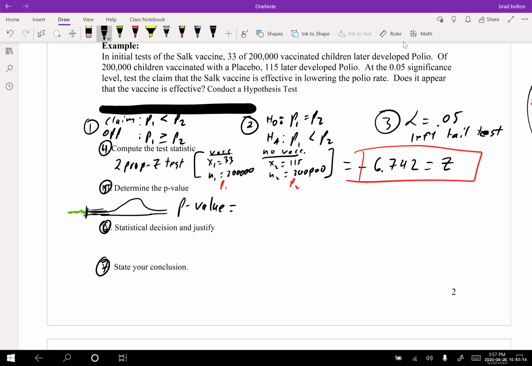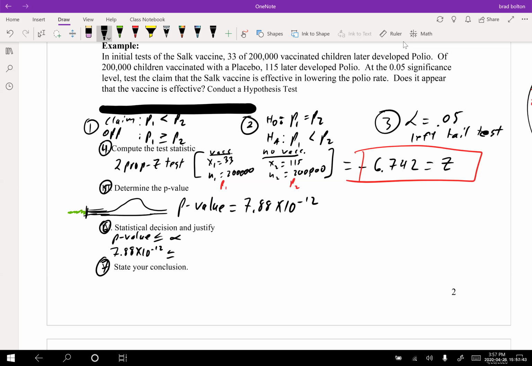So our p-value, when I've used my calculator, is 7.88 times 10 to the negative 12. And again, I already know that I'm going to reject the null because this is such a small p-value. So we could write p-value less than or equal to alpha. 7.88 times 10 to the negative 12 is a very, very small number, close to 0.